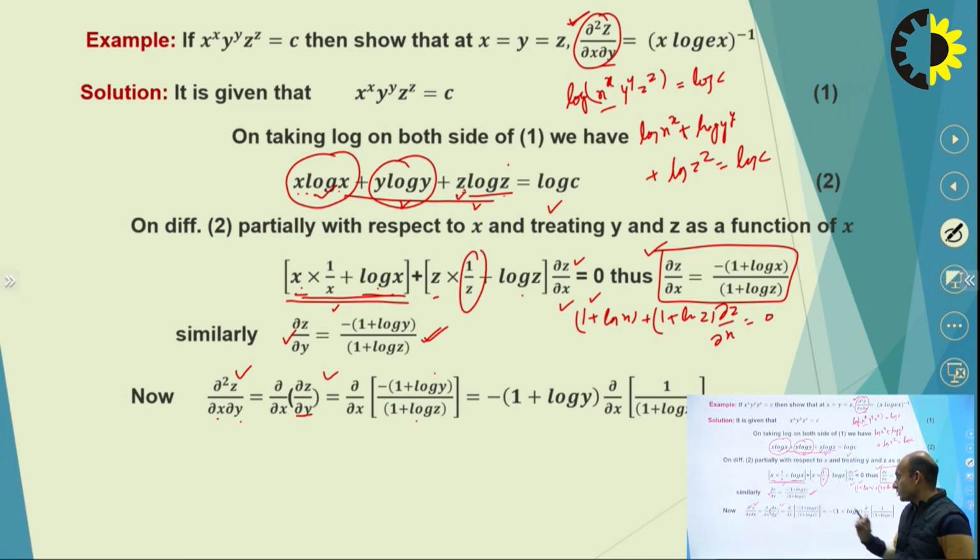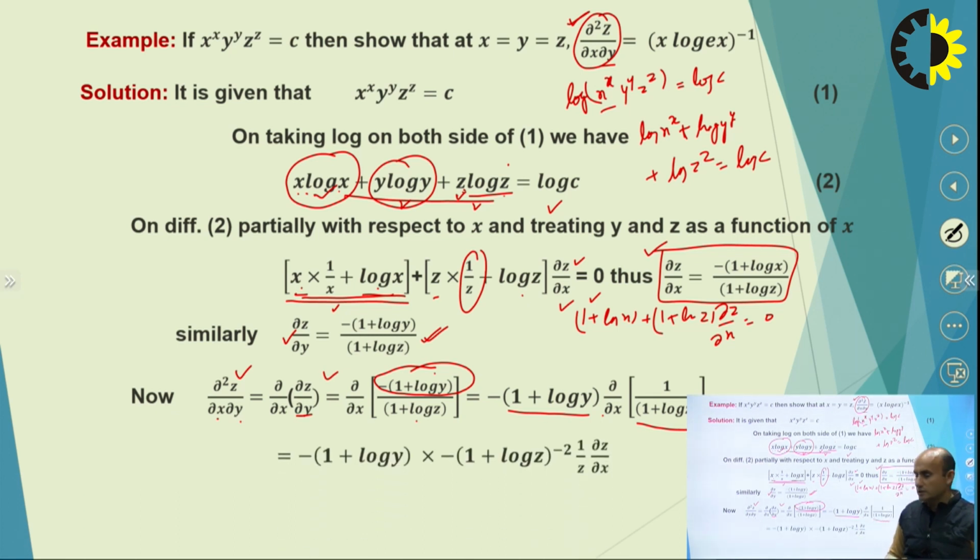If we differentiate this function with respect to x, y will be constant and z will be a function of x here. Since this term is constant, we get minus 1 plus logarithm of y, then del over del x of 1 upon 1 plus log z.